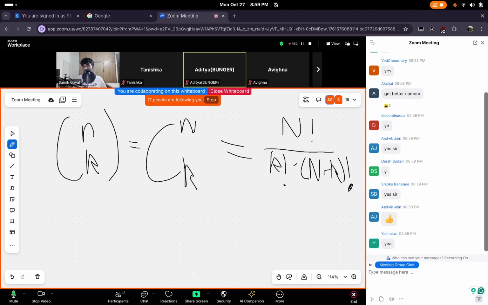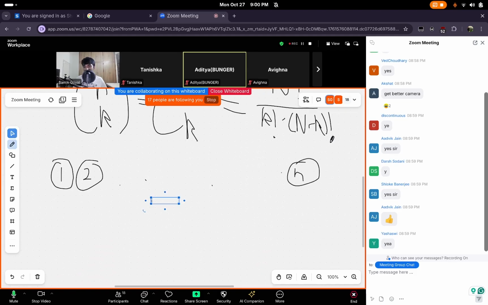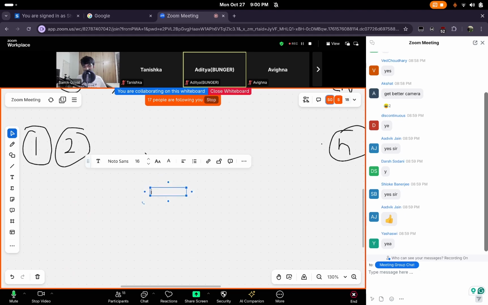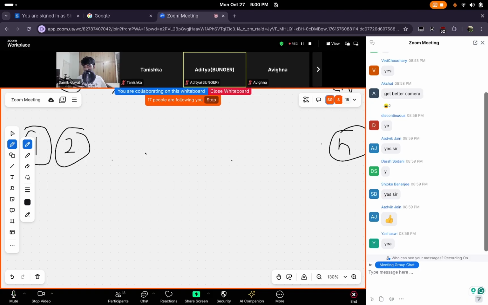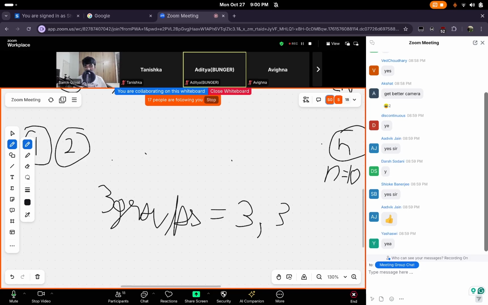I don't know how many people already know this, so I'm going to ask you the question: what if I again have n balls and I ask you how many ways there are of dividing them into three groups where the sizes are, let's take n to be 10 here, groups of size 3, 3 and 4. Do you know how we can calculate that?